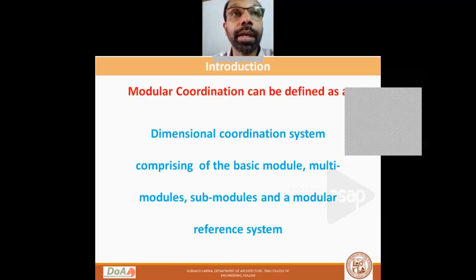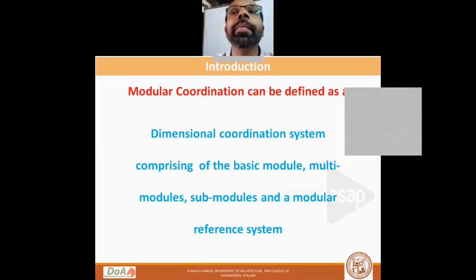Then there is a multi-module, which is a multiple of the basic module, and sub-modules, which are the subdivisions of the basic module. And there should be a modular reference system, which is a coordinate system that gives indications about where to place the modular member.